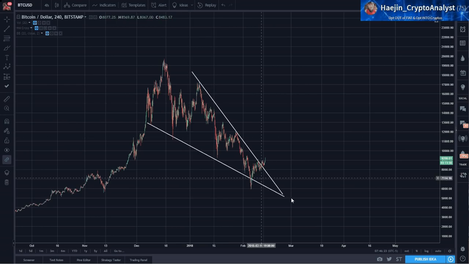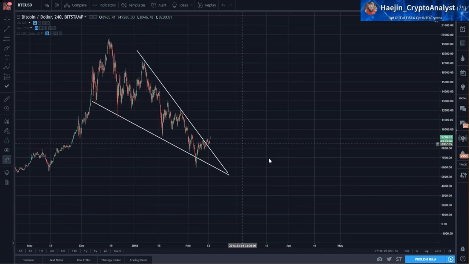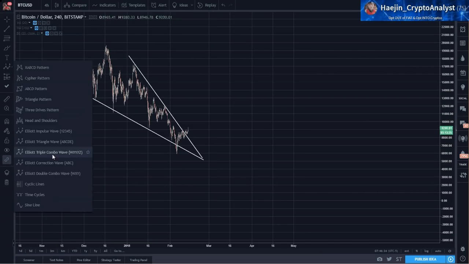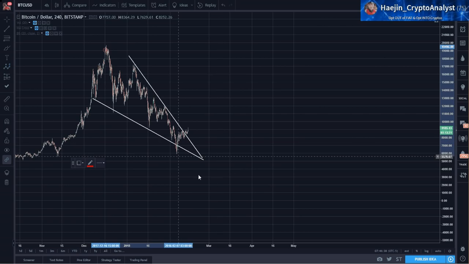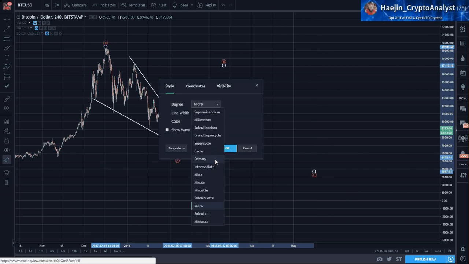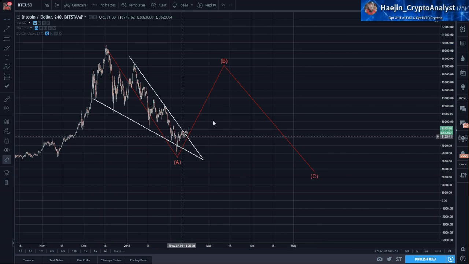If that is the case, we are still looking at this whole thing being an A, B, C. And that means that this can go to 3,800 or lower.